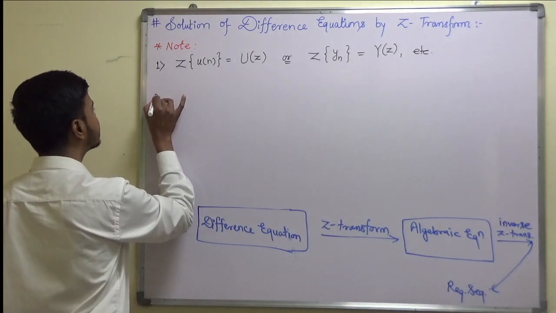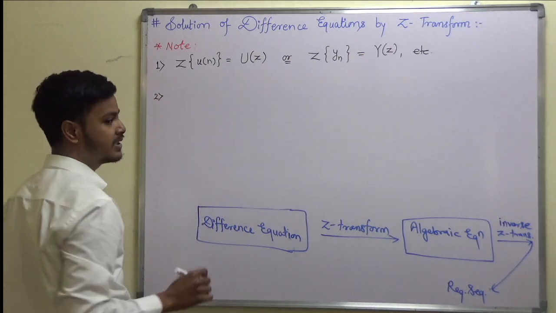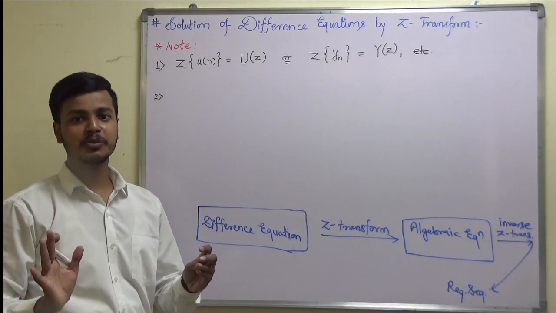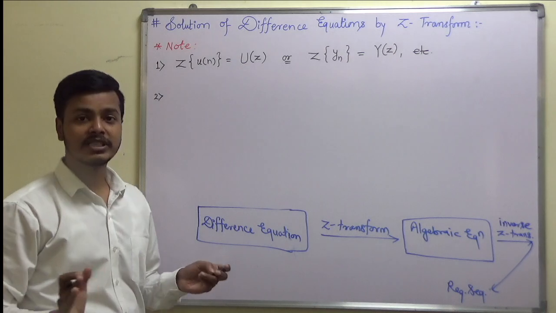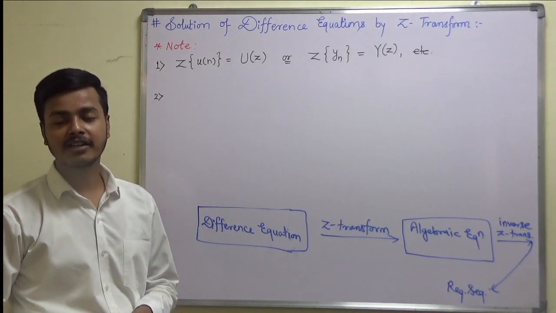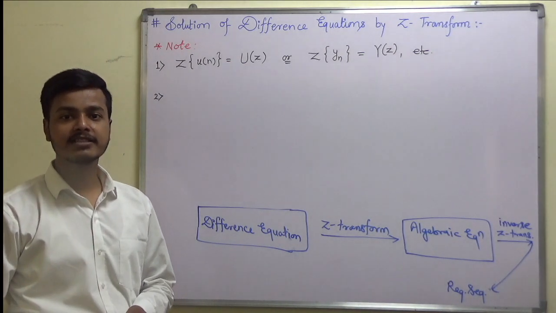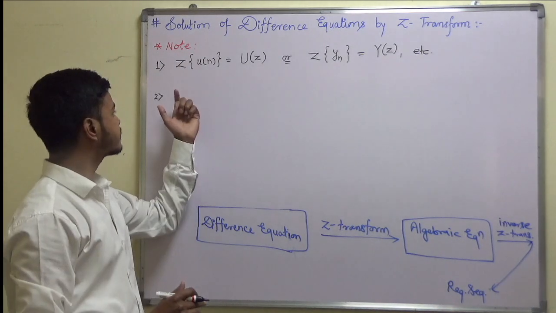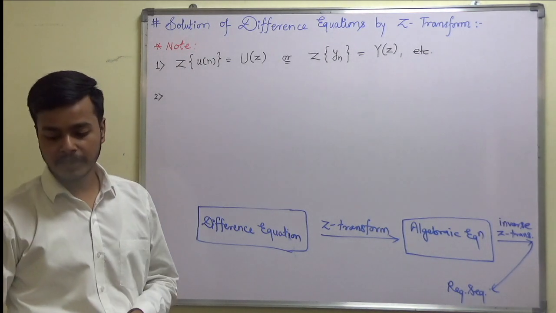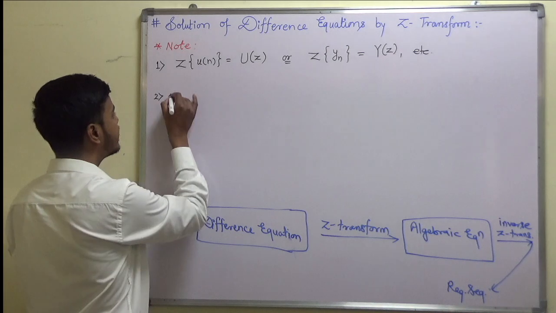The second thing is the shifting property. I hope you understood the shifting property that we have taken earlier in the earlier classes. So let us see this shifting property first. So what is shifting property?